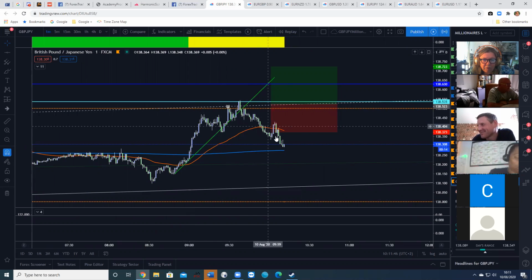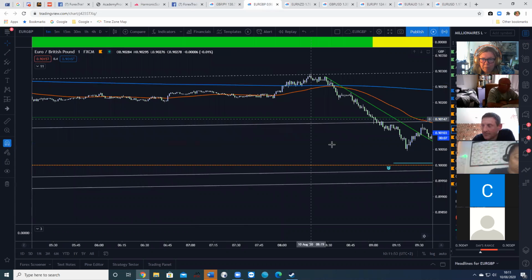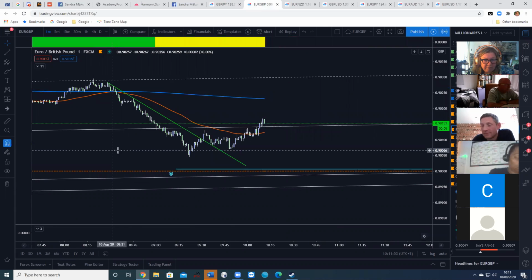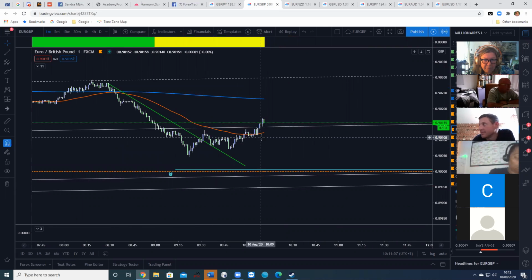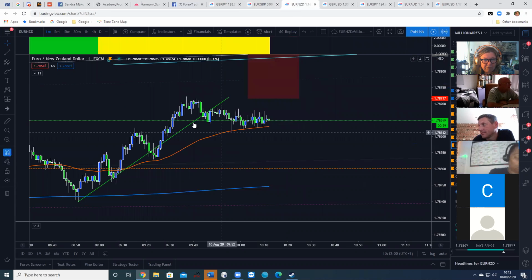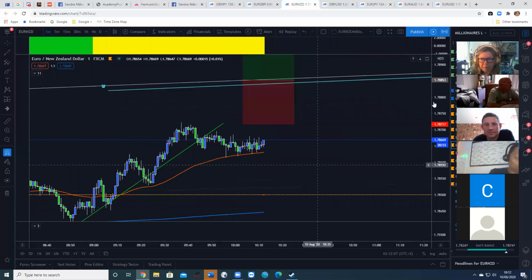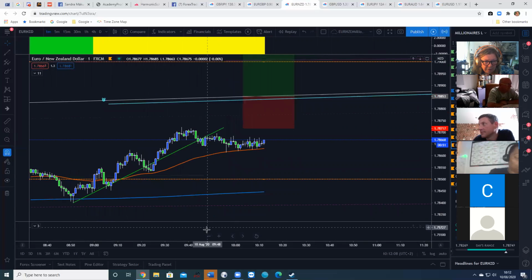So look, that's gone right down to the 15 minute on GJ. Euro GBP is going up, so the euro is going up, which is what we wanted it to do. That's tested the 62. So that one I'm quite liking the look of it carrying on up.